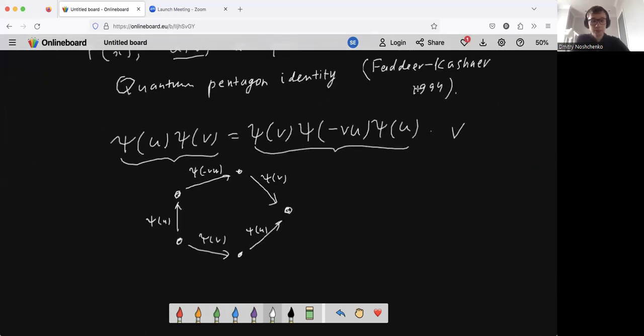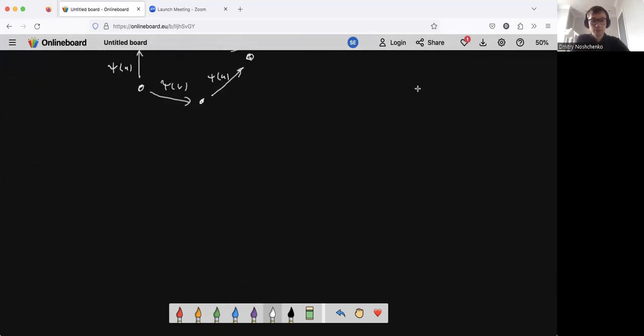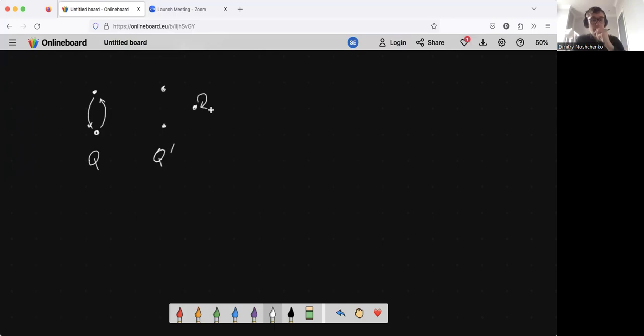So maybe I can go below here. In order to do that, one picks up a pair of quivers which look like that. This is quiver Q, and we have a quiver Q prime, which is of this form.